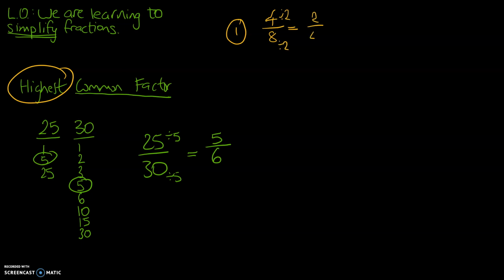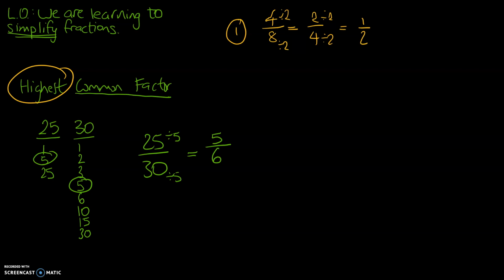That's going to become 2 over 4. But we've got to check again. 2 over 4, they also appear to have a factor in common, and they both have a 2 in common. So I'm going to divide both of those by 2, and that's going to become 1 over 2. And that there would be the simplest answer.